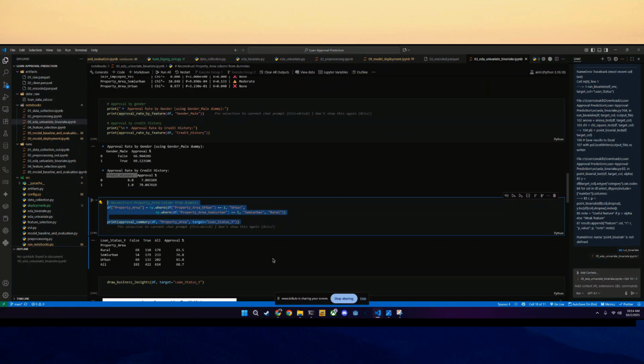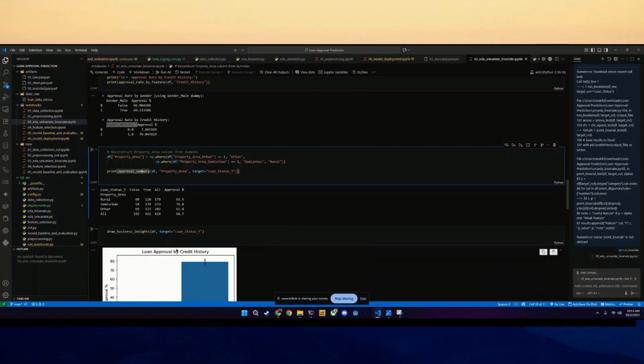So here I'm using NumPy functions to categorize the column. And once I have categorized the column, using the approval summary, I'm calculating the approval percentage and drawing the business insight. As I mentioned, this method can be used to draw different charts.